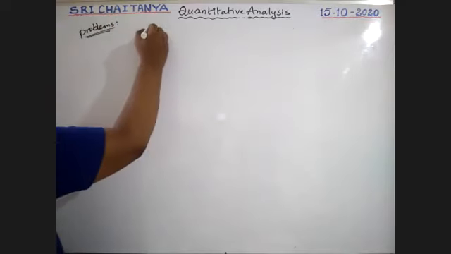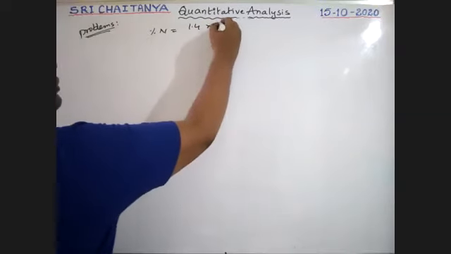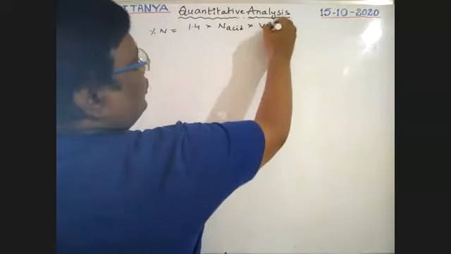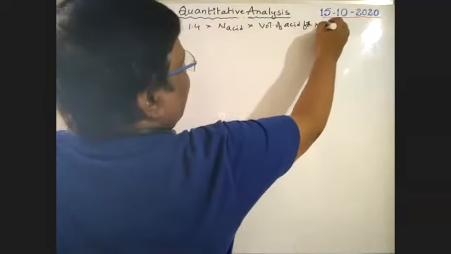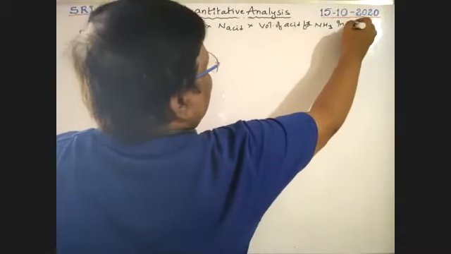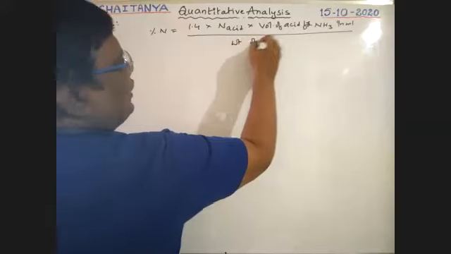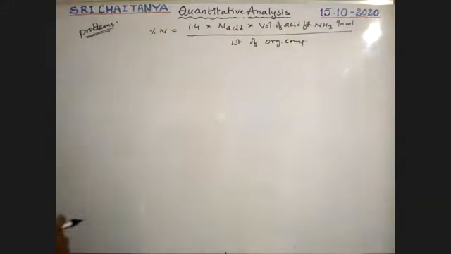So what is the formula for calculating nitrogen percentage? It is 1.4 into normality of acid into volume of acid used for ammonia in ml, divided by weight of organic compound. Please keep in mind the weight of organic compound. Problem number 1.